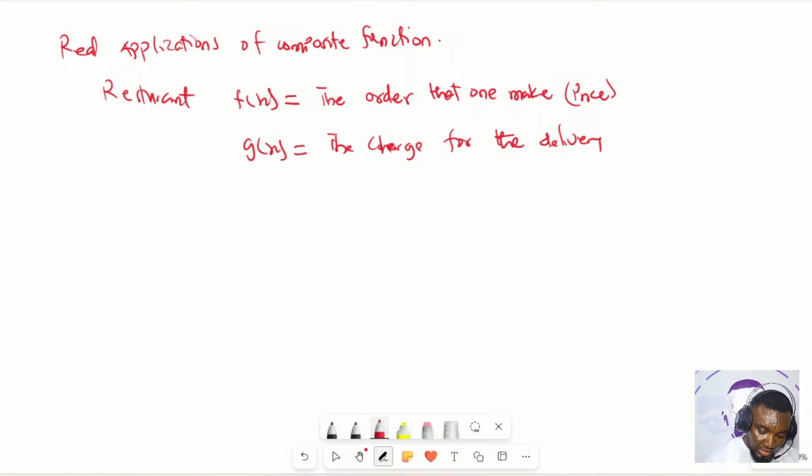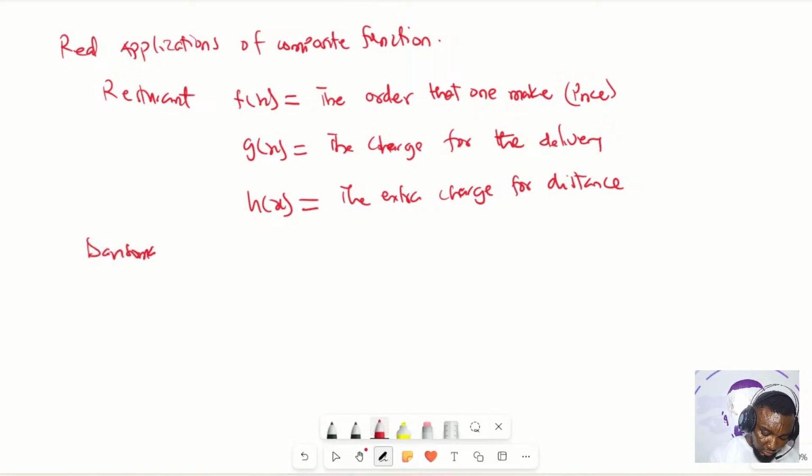And then imagine that in all your restaurants that you have created, depending on the distance, you have an extra charge. So the h of x will represent the extra charge for distance. And let's imagine that the restaurant is at Dansoman, and for Dansoman and its environs, the charge is fixed.